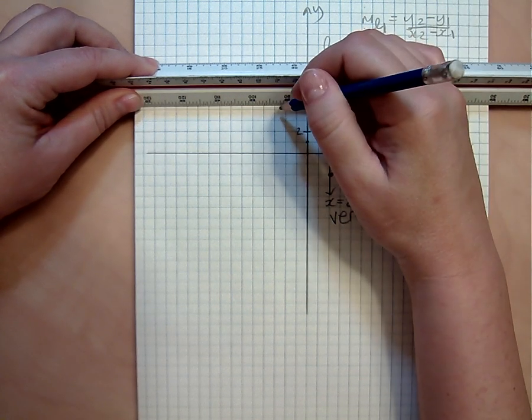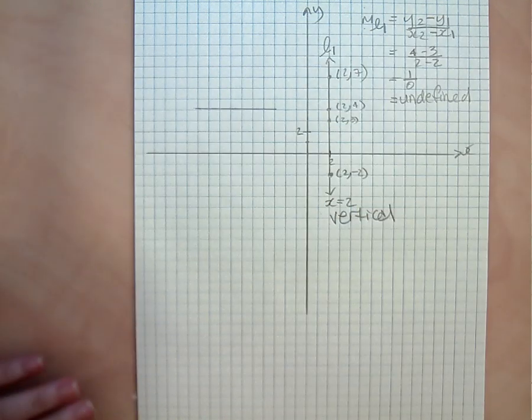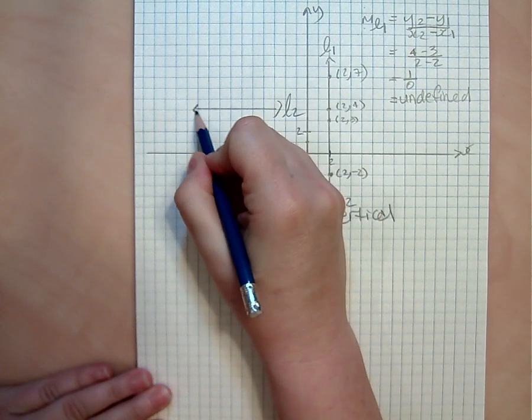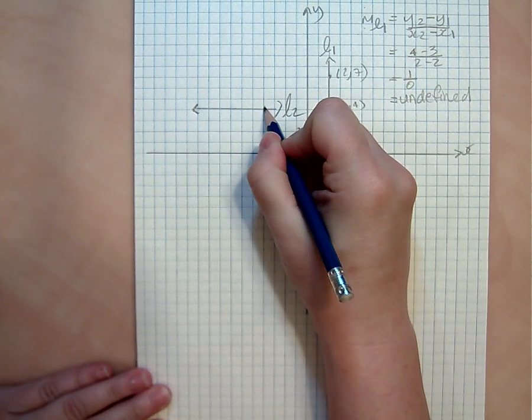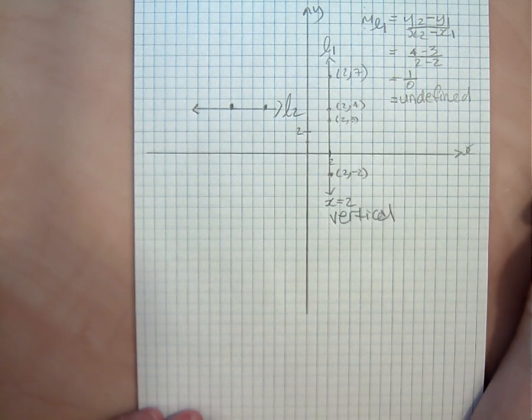So start thinking about what could be going on here with line 2 that is horizontal. I'm making exaggerated points so we can see them.